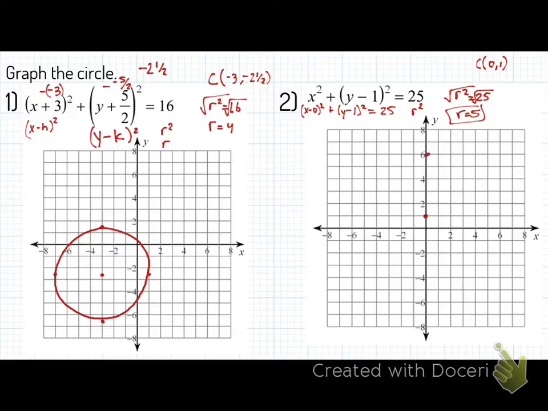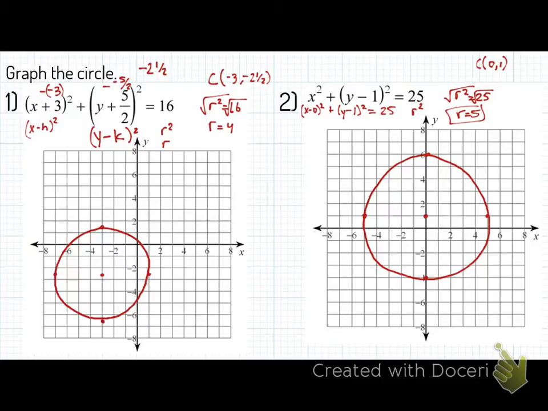We're going to go down 5, 1, 2, 3, 4, 5, down here, plot a point. Right 5, 1, 2, 3, 4, 5 here, plot a point, and then left 5 also. Okay? And then what we're going to do is draw a nice circle as best as you can by hand. Kind of a fat circle. That's okay.